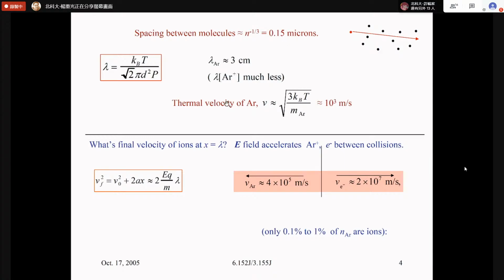So we can also do the calculation of thermal velocity.